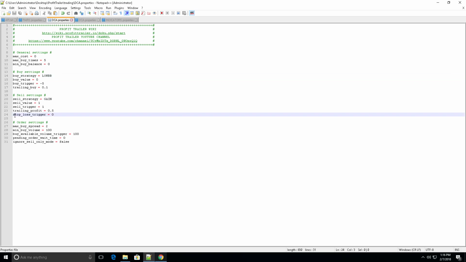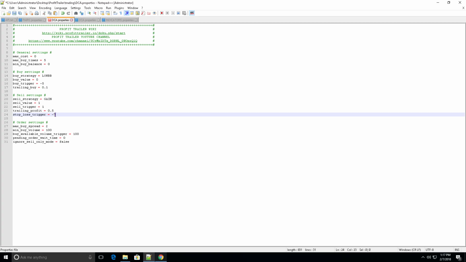Stop loss trigger. The stop loss trigger is stop loss, but it behaves differently in the pairs file. What the stop loss trigger does here is, let's say you set it at -7%.